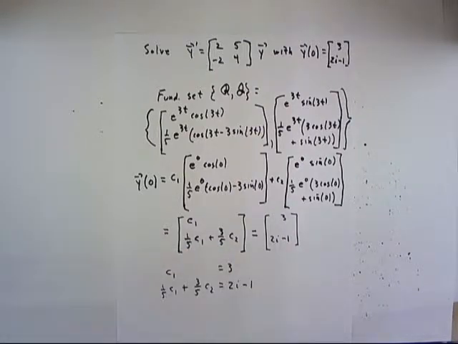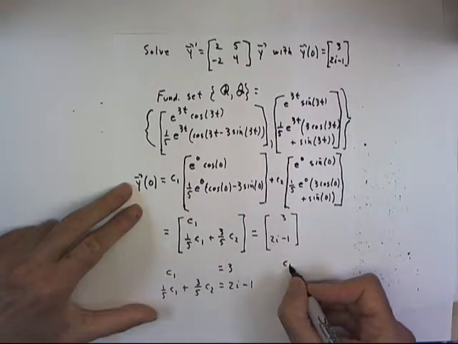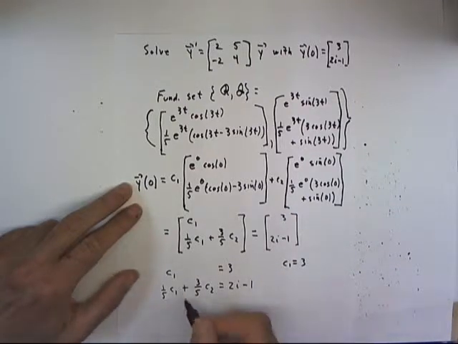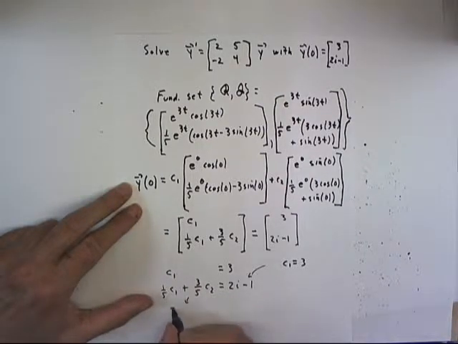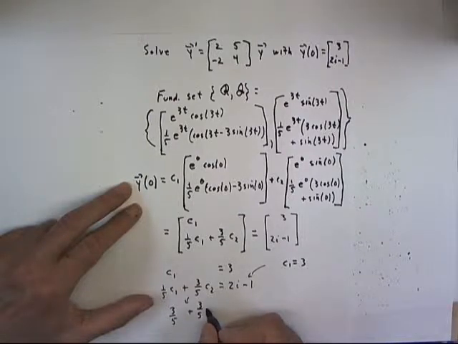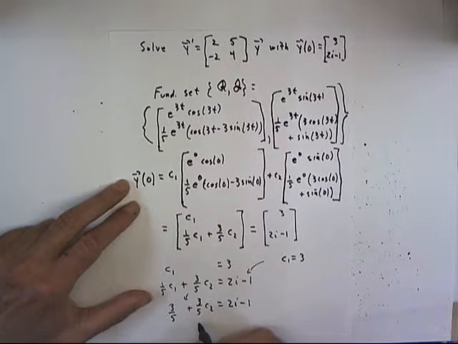In any case, plugging c1 equals 3 into this equation gives us the equation: c1 is 3, so 1/5 of c1 is 3/5, and then plus 3/5 of c2, we get 2i minus 1, which means 3/5 of c2 equals 2i minus 1 plus 3/5.